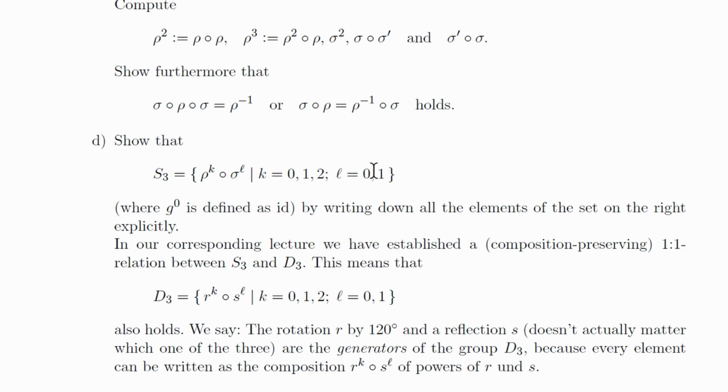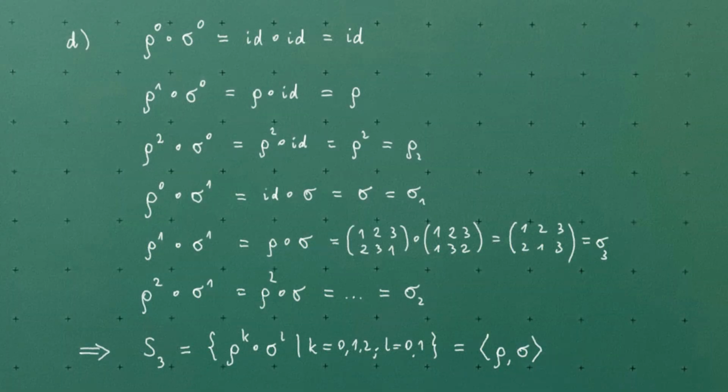Why? Well, if we have sigma squared, this is nothing but the identity, so we repeat ourselves, and here the same. Rho to the 3rd power is the identity, so we can stop after 2. And for any group element, g to the power of 0 is simply defined as the identity. Okay, and we do this by brute force.